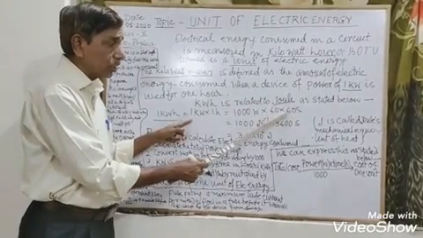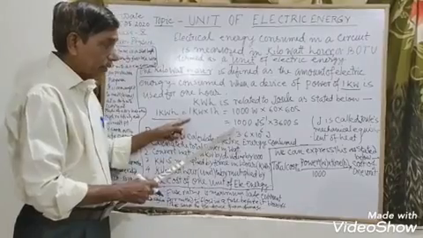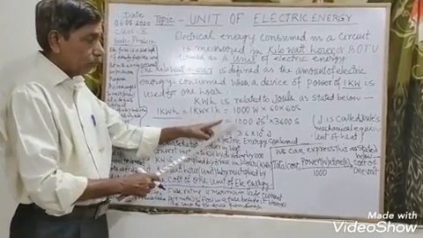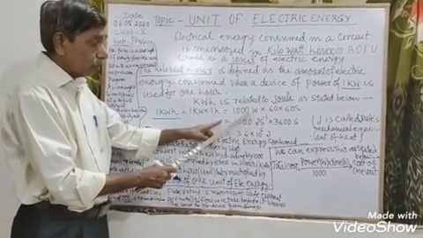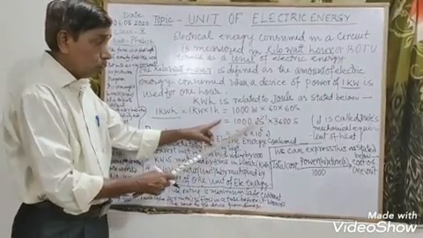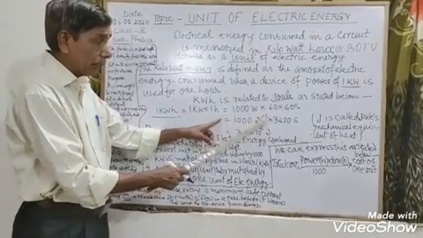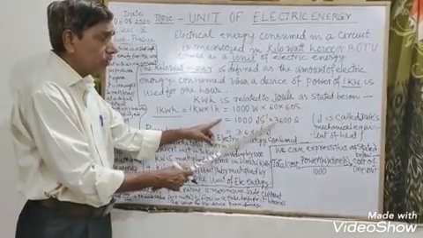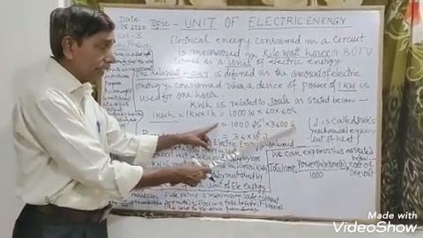So 60 into 60. Here W is joule per second, so 1000 joule per second into 3600 seconds.